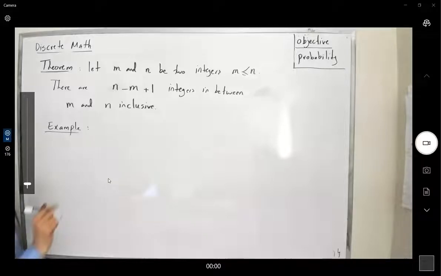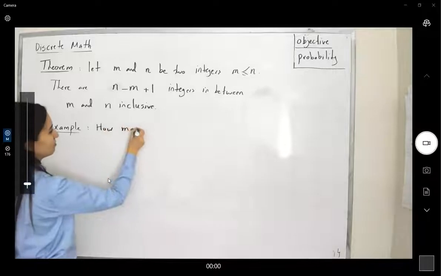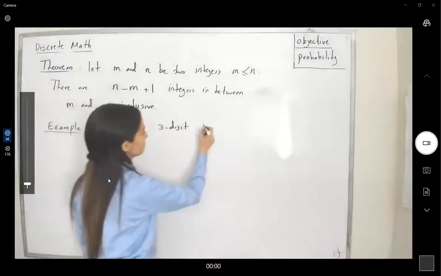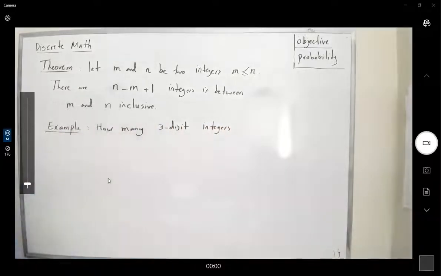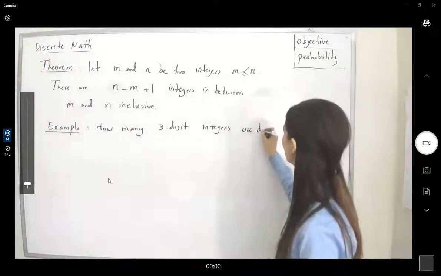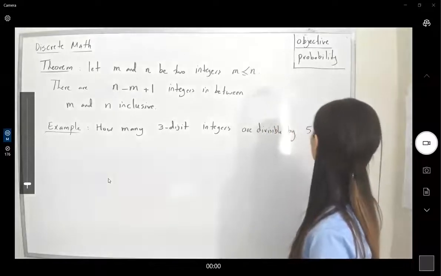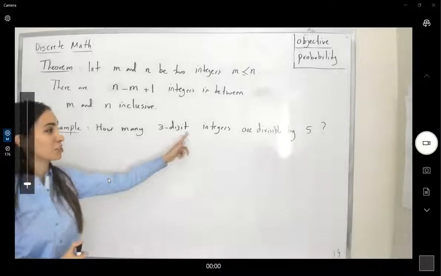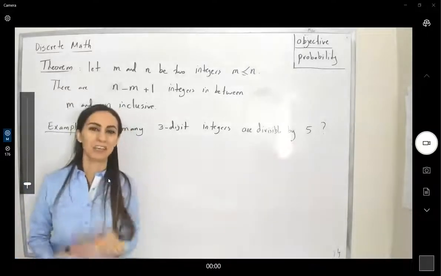So the question says, how many 3-digit integers are divisible by 5? How many 3-digit integers are there that are all divisible by 5?